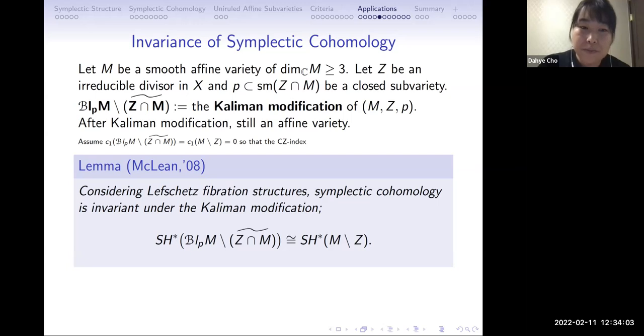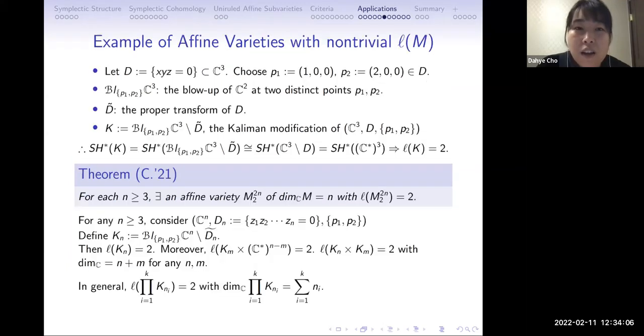For example, I brought C star cubed. Consider the divisor D inside of C cubed defined by x times y times z equals 0, choose 2 points, blow up C cubed at the 2 points, and delete the proper transform of the divisor.